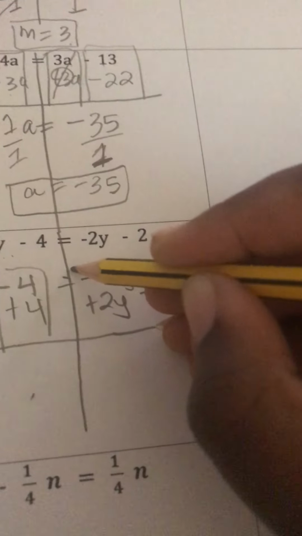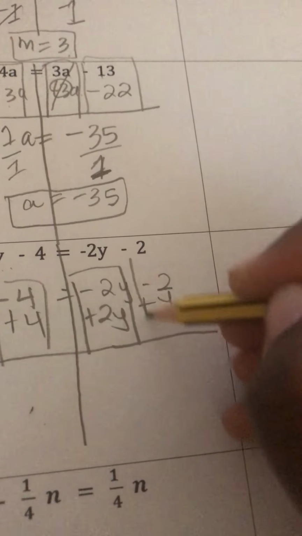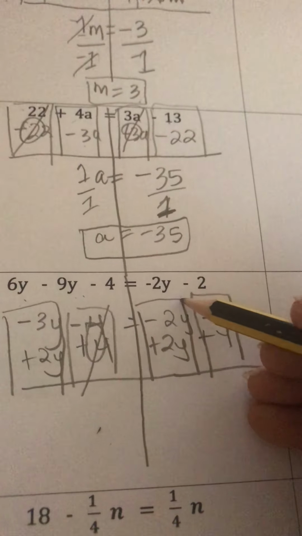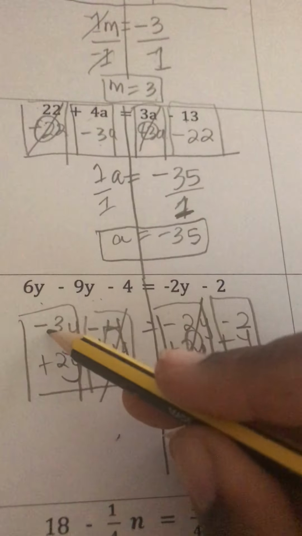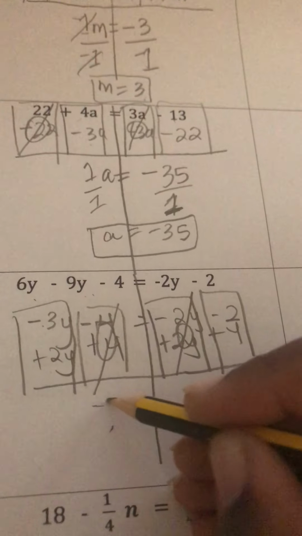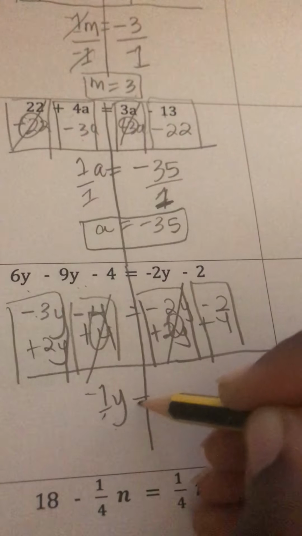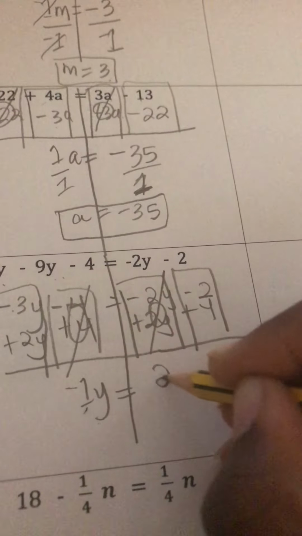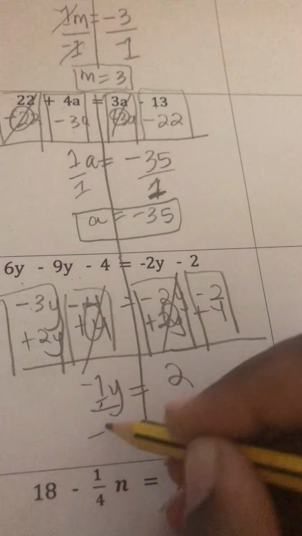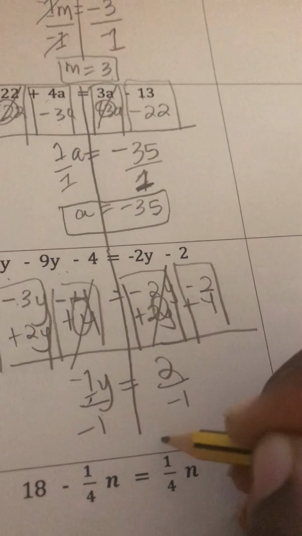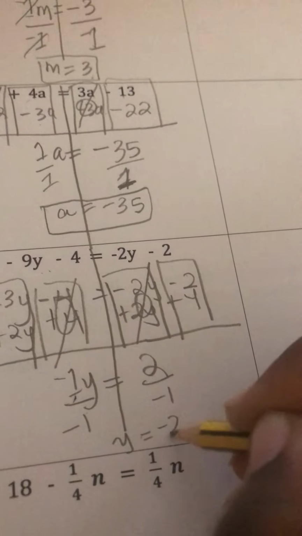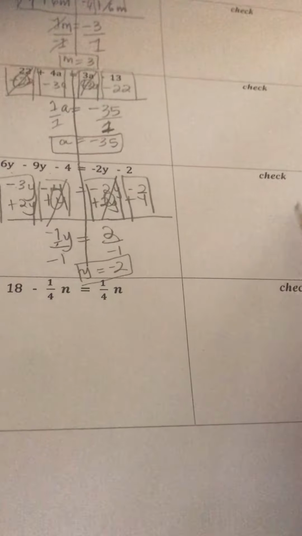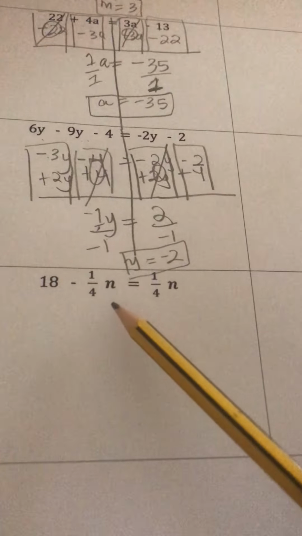So it is up to you. Okay? This becomes 0. This becomes 0. Negative 3 plus 2 is negative 1y. Negative 2 plus 4 is 2. Divide both sides by negative 1. Y should equal negative 2. Okay? You will continue doing the check.